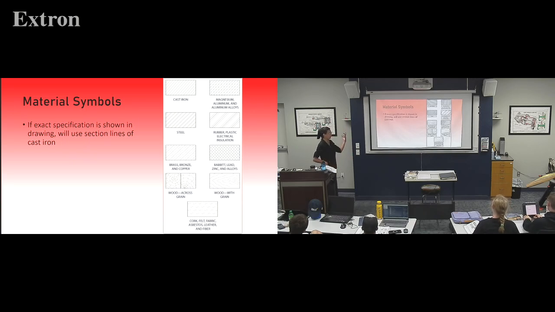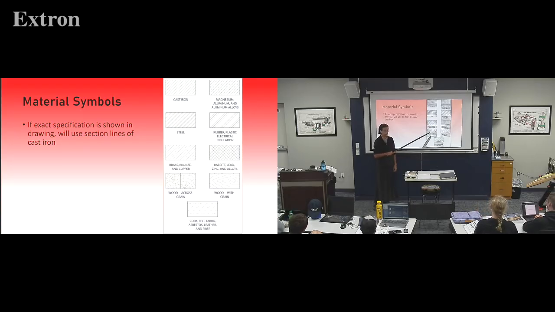If they tell you in words what it is, for any section line, they can just go super simple and use the one for cast iron. But if they don't want to write out the words, then if it's steel, it'll be two lines close together, spaced apart. Brass, bronze, and copper are solid line, dotted line, solid line.